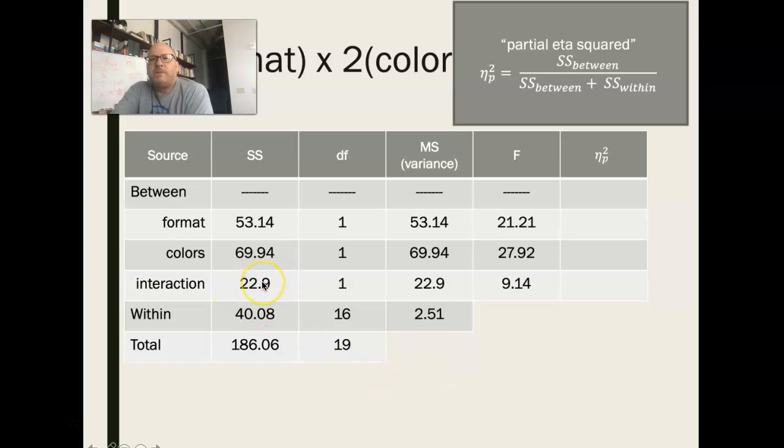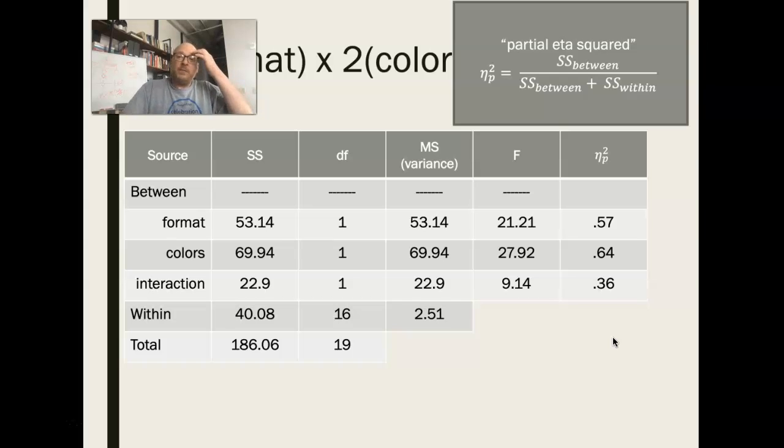And finally for this one, 22.9 divided by 22.9 plus 40.08. So those are the values that I got. And those are all pretty good values. Remember that 0.25 is actually pretty big for eta squared. So we have really big effects in all cases.